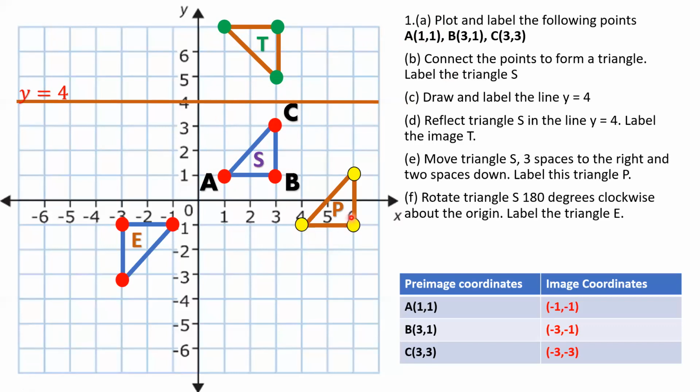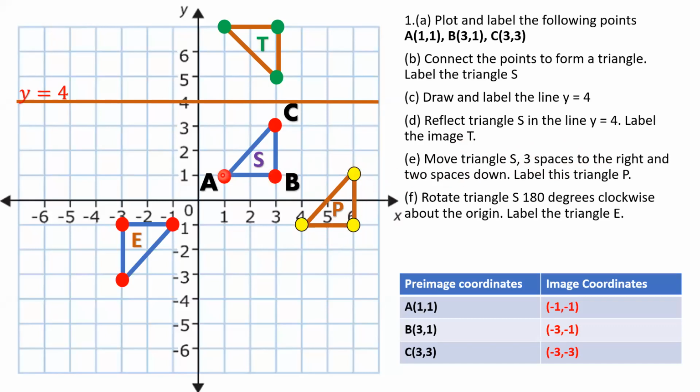And then for P, we're going to move over. They say move over 3 spaces to the right and 2 spaces down. So it's going to be 1, 2, 3, and 2 spaces down, 1, 2.